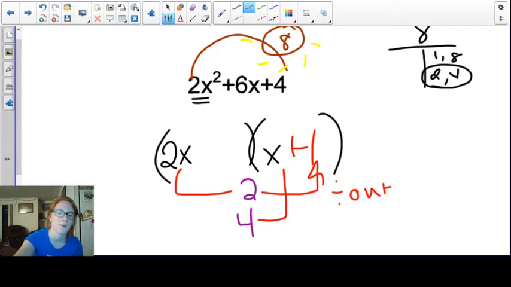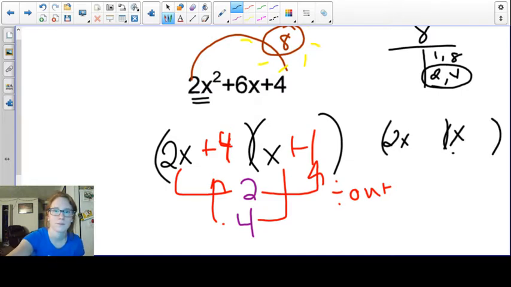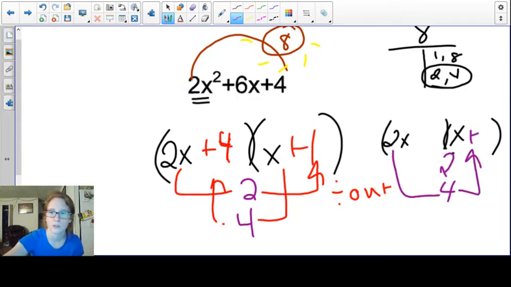And then 1 divided by, because remember there's an invisible 1 with that x, 4 divided by 1 is 4. Or, I could take 4 divided by 2, which is 2, and 1 divided by 2.